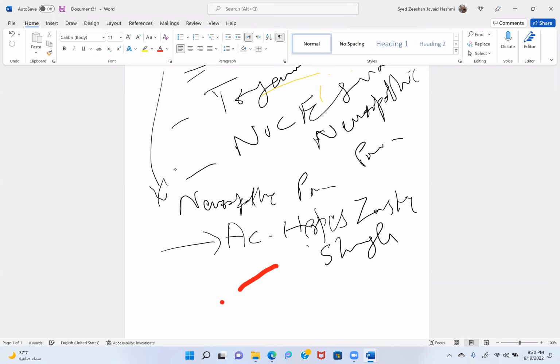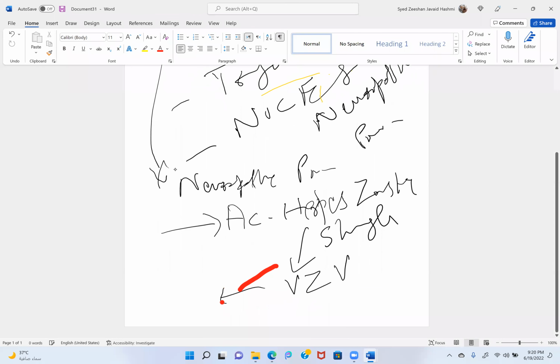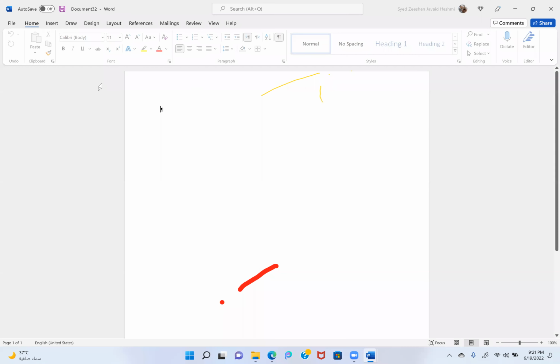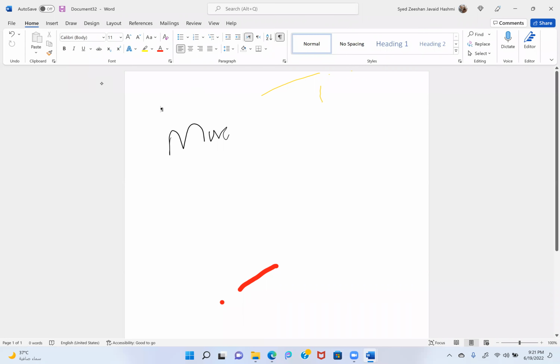Okay. So what is the theory of it? Varicella zoster virus, okay, residing in dorsal root ganglion. Okay, so it is causing mucopapillary rash.